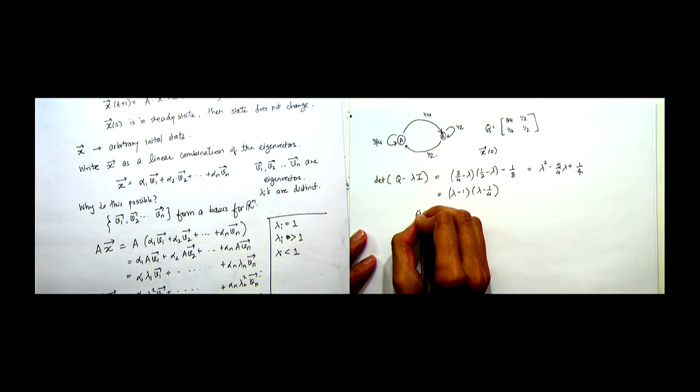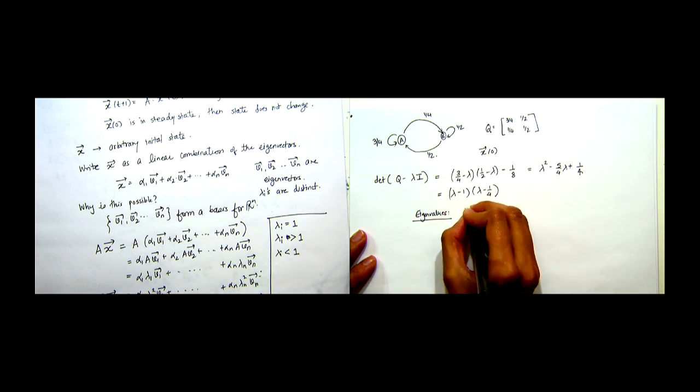Okay, so what are the roots of this? This splits as 1 and 1/4, so I get lambda minus 1 times lambda minus 1/4. So the eigenvalues are lambda equal to 1 and lambda equal to 1/4.